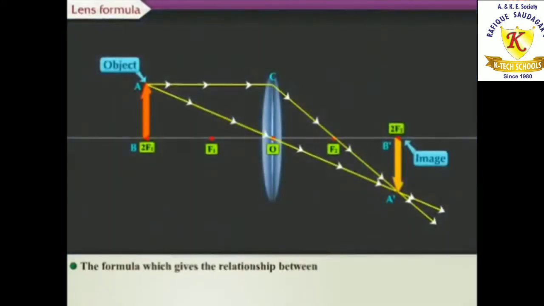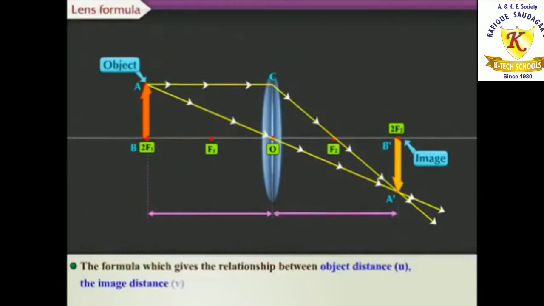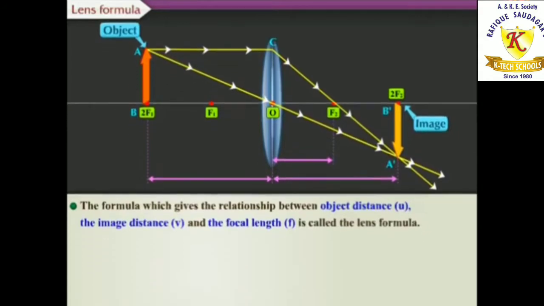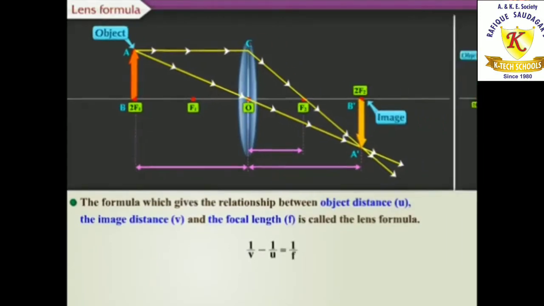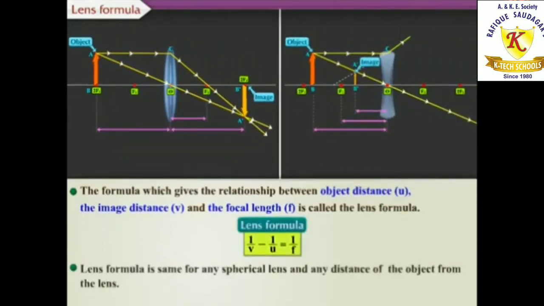So children, now we shall be learning the lens formula. The formula which gives the relationship between object distance, that is u, the image distance v, and the focal length f is called the lens formula. 1/v minus 1/u is equal to 1/f. The lens formula is the same for any spherical lens and any distance of the object from the lens.